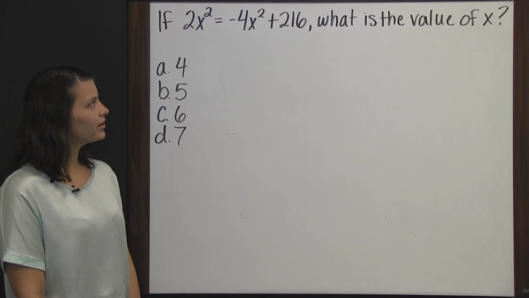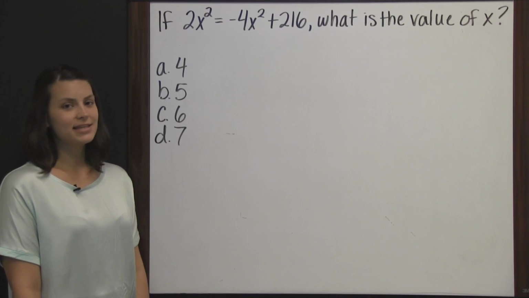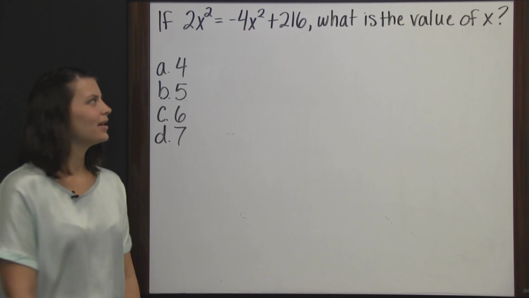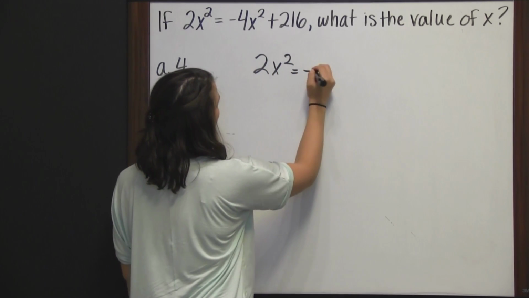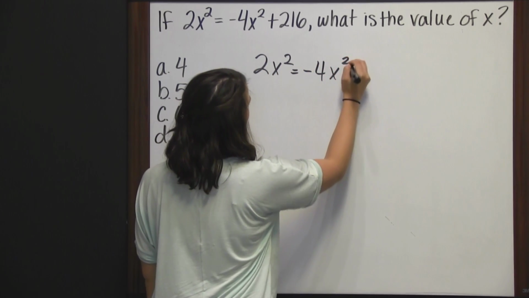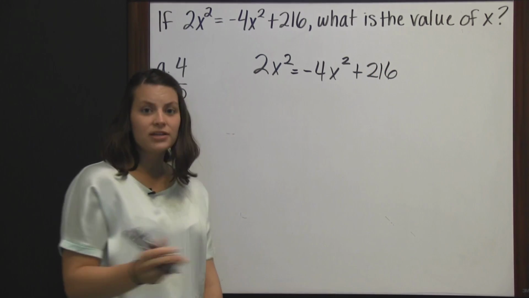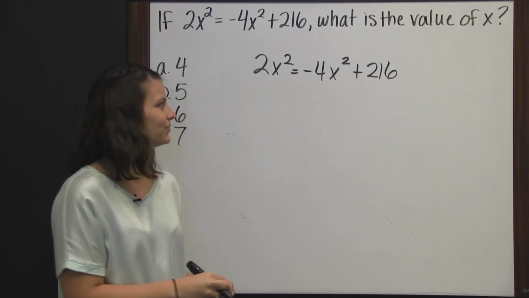If 2x squared equals negative 4x squared plus 216, what is the value of x? I'm going to start by rewriting this problem so I have a little more room to work with it. And if we're trying to solve for x, then we'll need to get all our x's together.